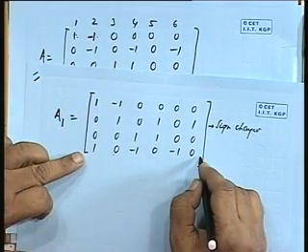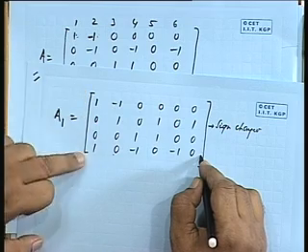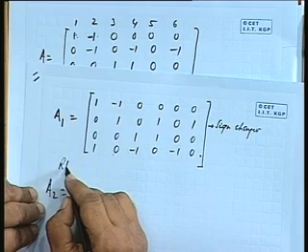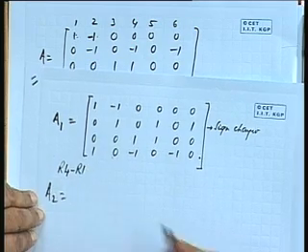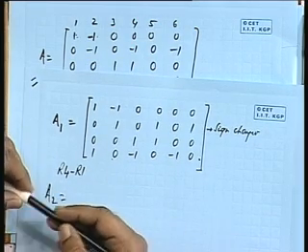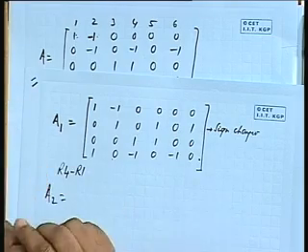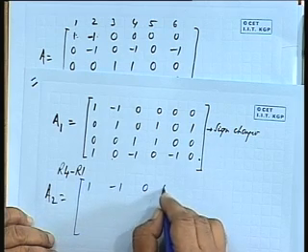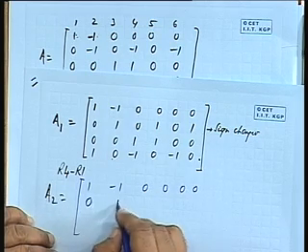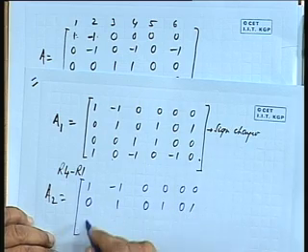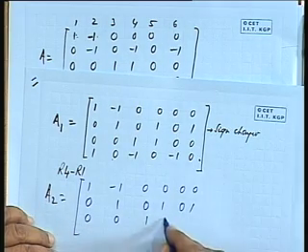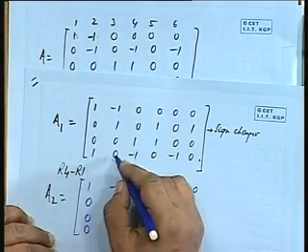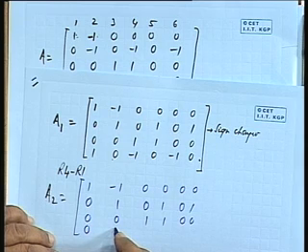Then if I subtract row 1 from row 4, A2, row 1 is subtracted from row 4, you get 1 minus 1 0 0 0 0, 0 1 0 1 0 1, then 0 0 1 1 0 0, then this minus this will give me 0, then 1, is that all right?